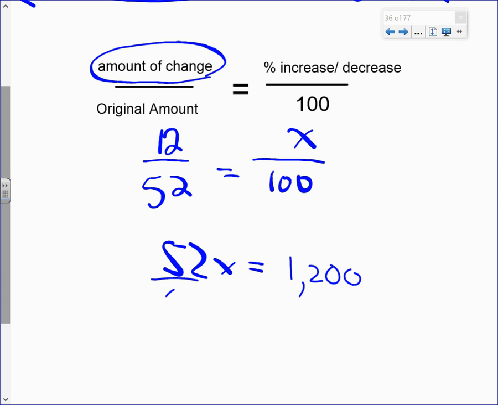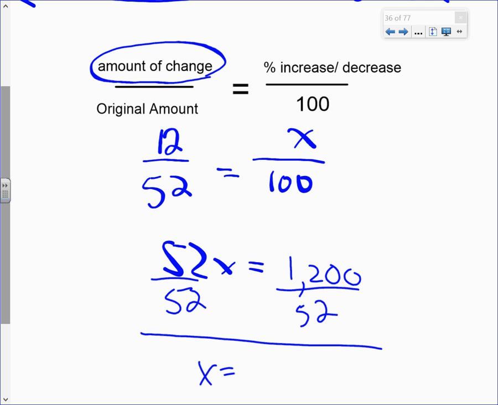Let's divide by 52. 1,200 divided by 52. If we round to the nearest tenth, it'd be 23.8. If we round to the nearest whole number, it'd be 24%.